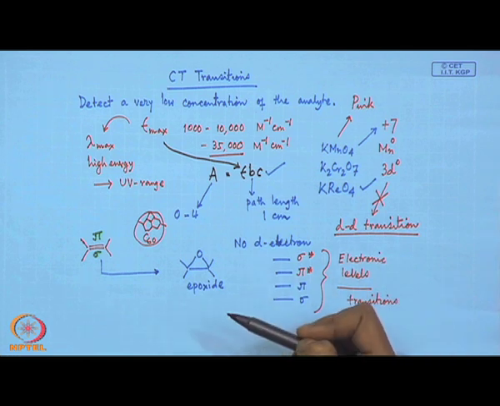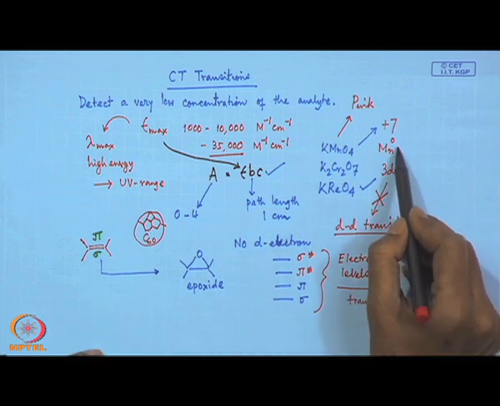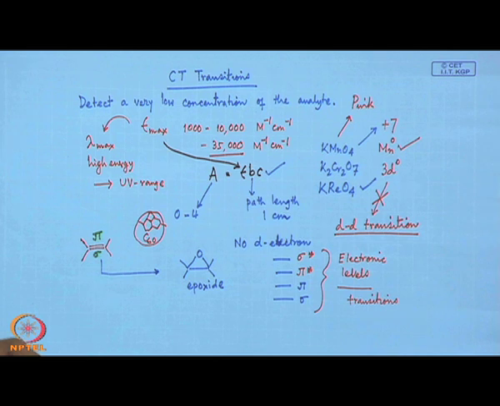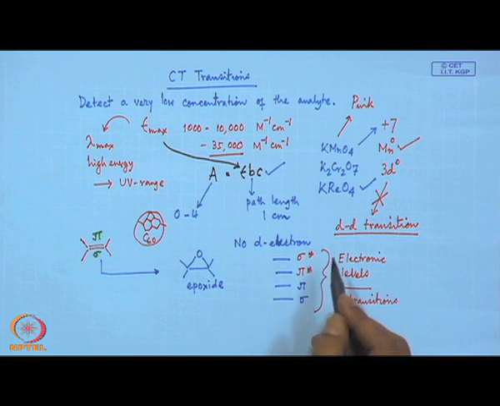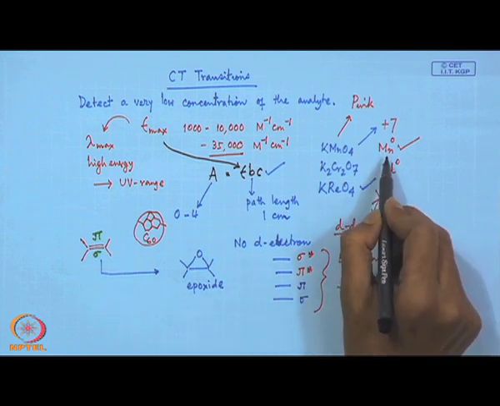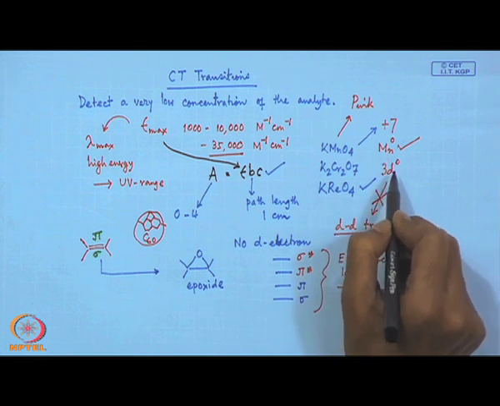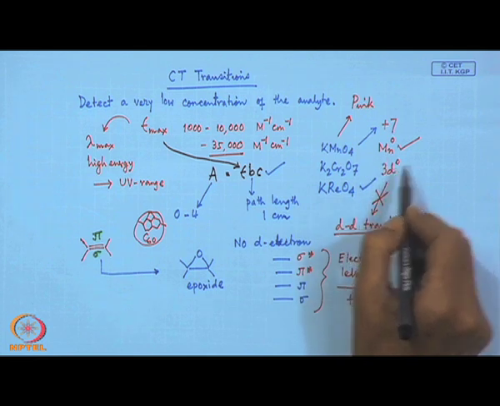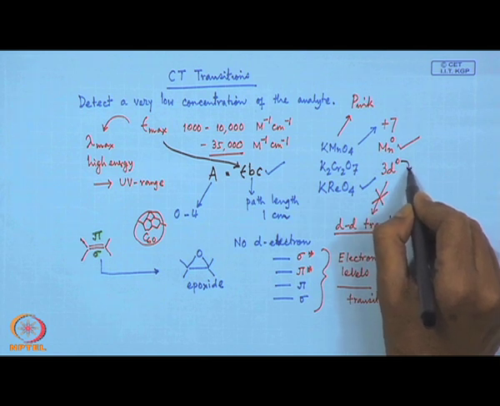In the other case, when no d electron is present, such as the manganese 0 system, we can have some charge transfer type of transition involving the ligand system or the organic part. The electron cannot go from the d level, because it is a vacant level.